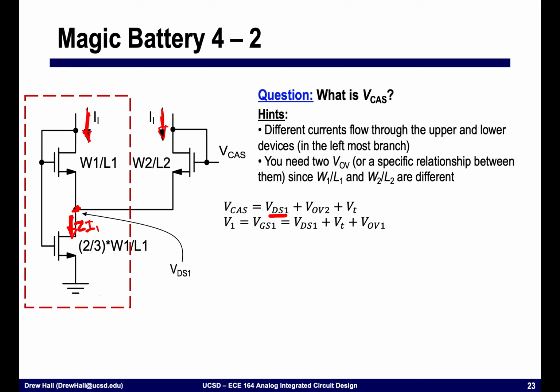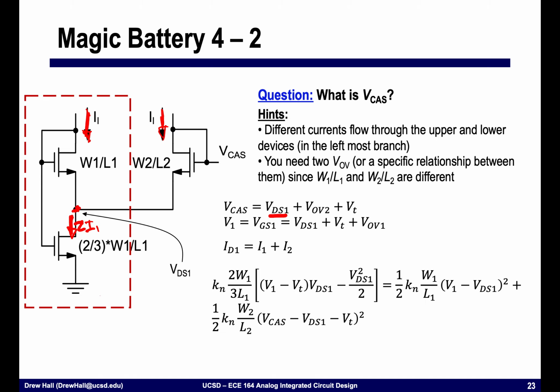And V1 is going to be equal to VGS1. That is this structure over on the left, which is equal to VDS1 plus VT plus VOV1. We know that ID1 is going to be equal to I1 plus I2. That's these two currents coming together that I was showing you down here.